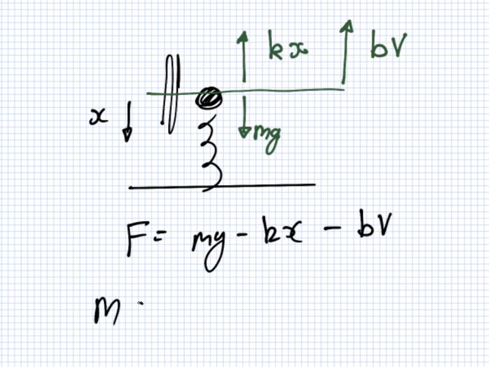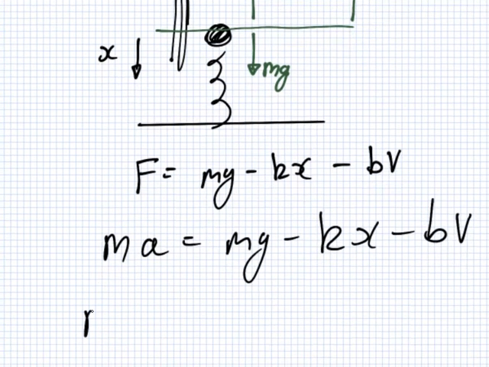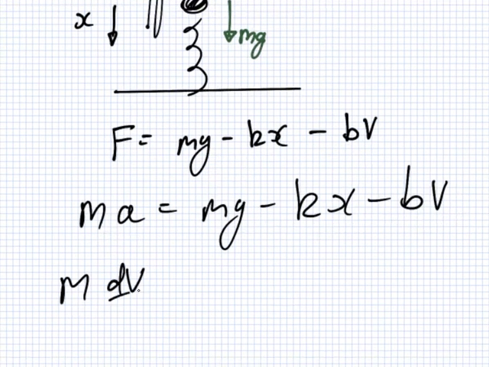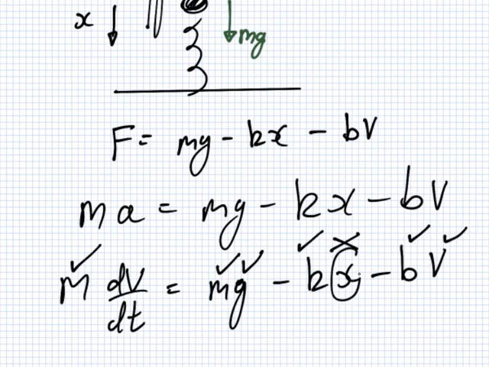And F is ma, so m dv/dt, constant, equals mg, that's okay, minus kx, that's not okay, minus bv, that's okay. We need to do something about the x, we need to change it into v.